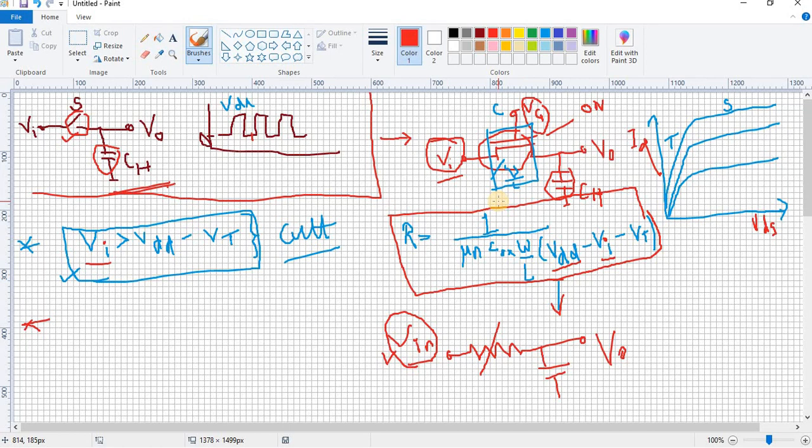The similar analogy we have discussed earlier, that NMOS is basically a good transmitter of low values, while PMOS holds the good one value or the high values, right? So similar analogies here.